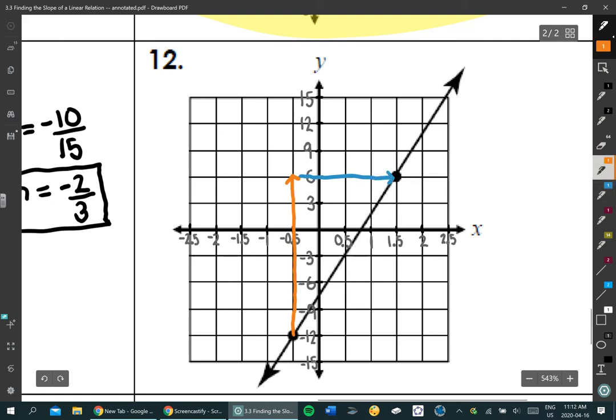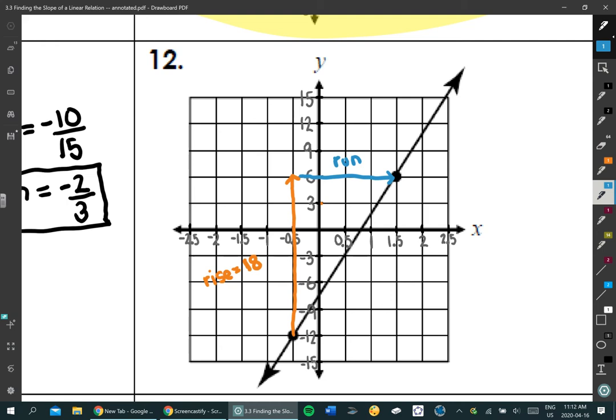Okay, so rise, it's positive. And we start at -12 and we go all the way up to +6. That is a change of 18. My run, well, I went from -0.5 to 1.5.